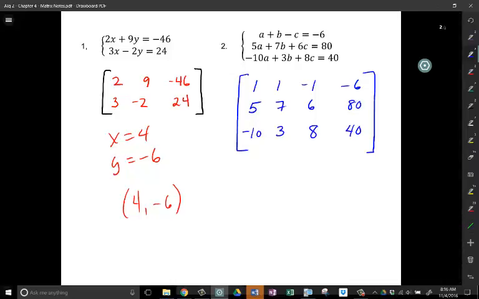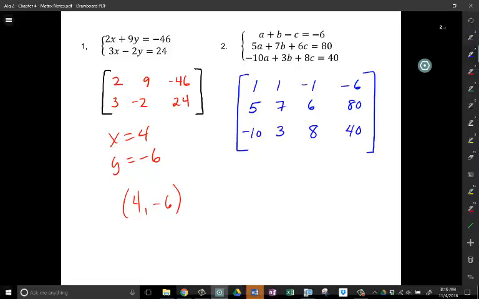Okay, so let's put that into your matrix. Probably want to start a new matrix and call it matrix B. And so I'll write this one up on the board. 1, 1, negative 1, negative 6, 5, 7, 6, 80, negative 10, 3, 8, 40.